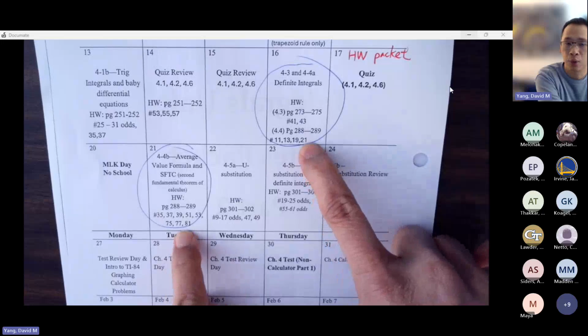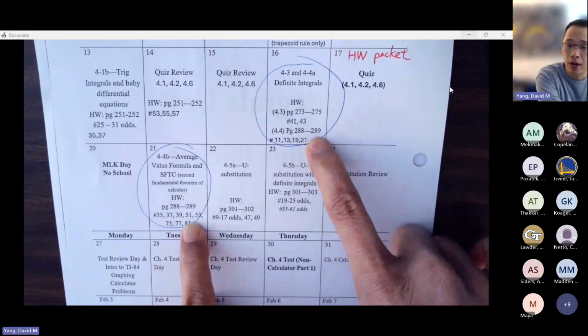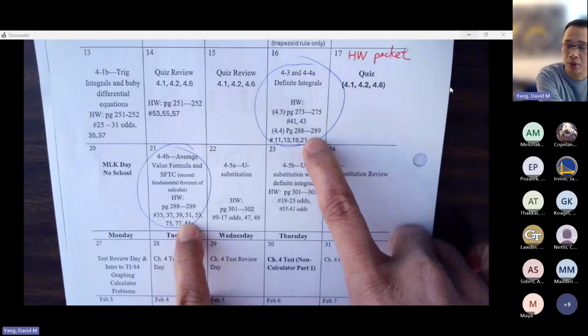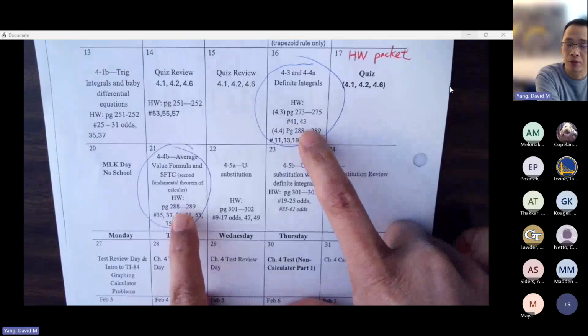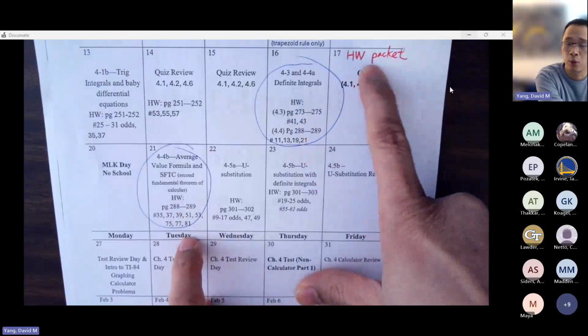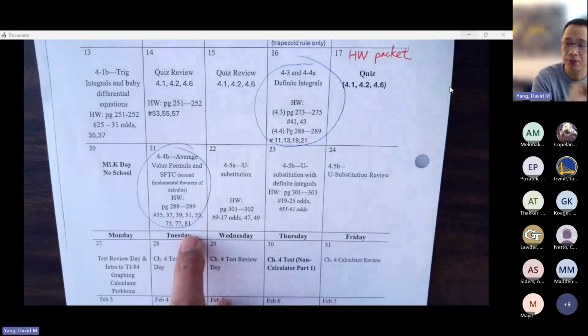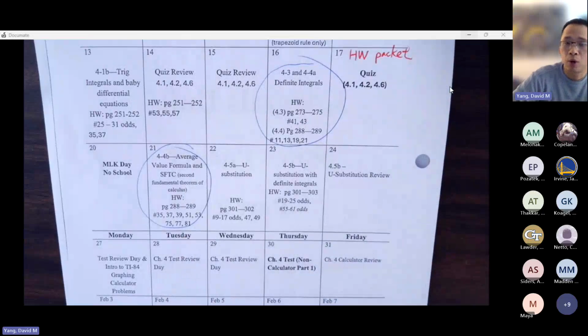But I will try to work on the keys for these so that if any of you want to get a head start with homework, you can. But basically, these are just homework pages from the textbook, but I put it in the homework packet so that it'll be easier for you to just work off of the pages. But I'll work on that.